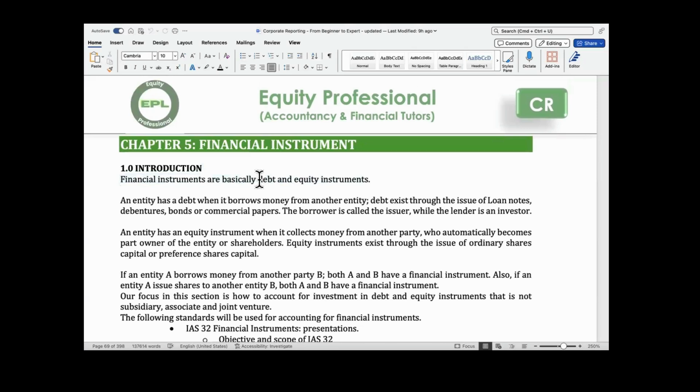And when we say a debt instrument, an entity is said to have a debt instrument when it borrows money from another entity. So it has a debt.